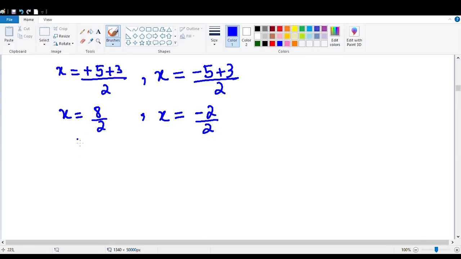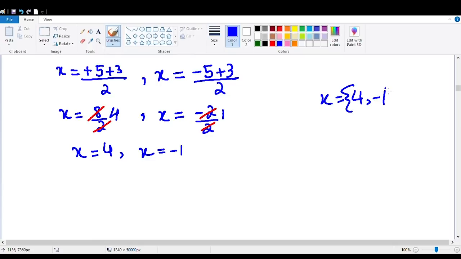When you cancel, you'll get minus 1 from here, and over here you'll get 4, so x will equal 4, or x will equal minus 1. So the values are x equals 4 or minus 1. And yeah.